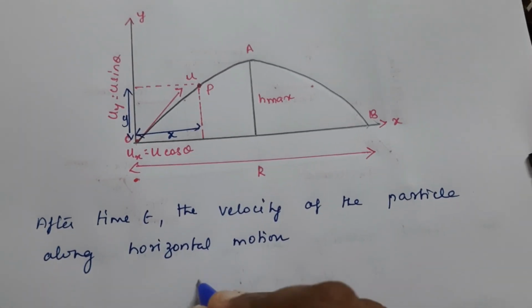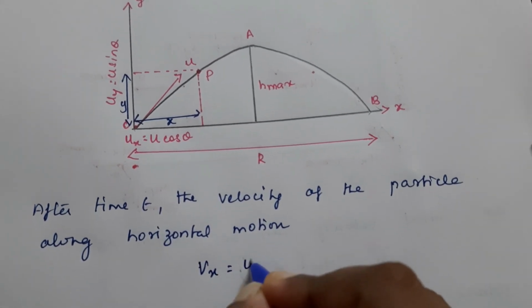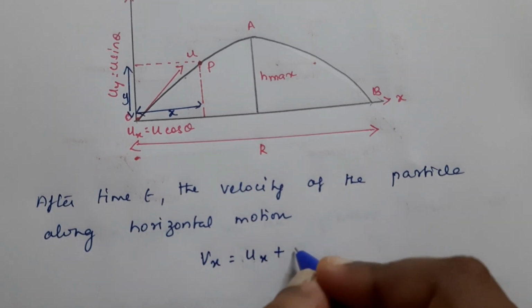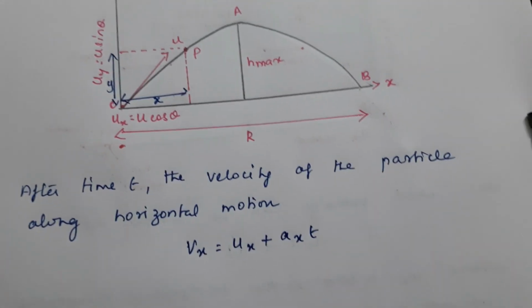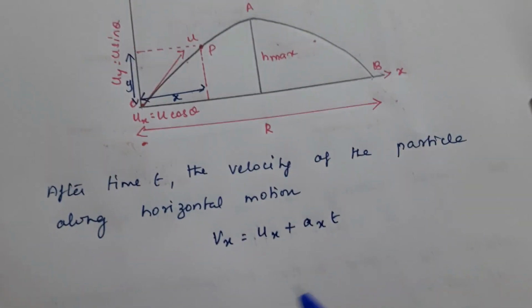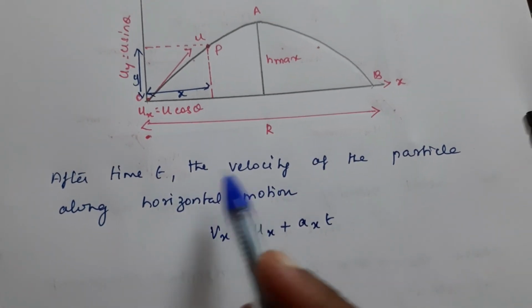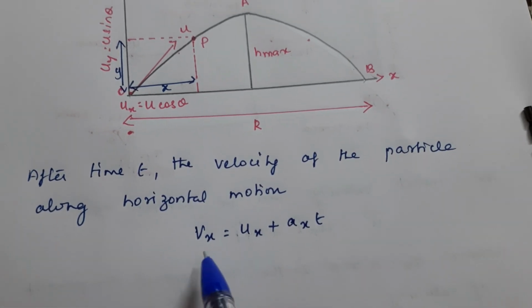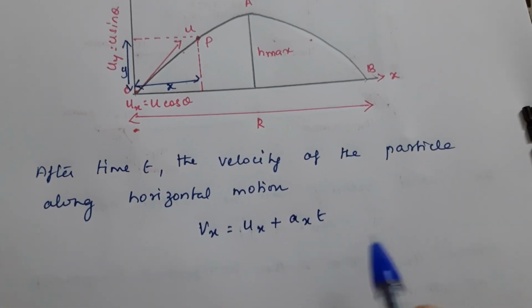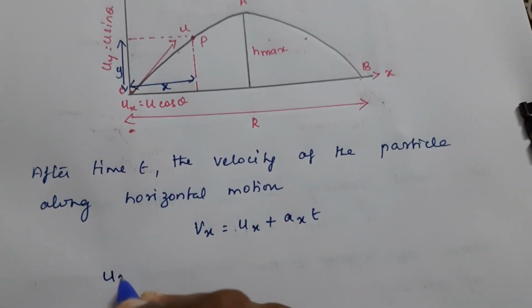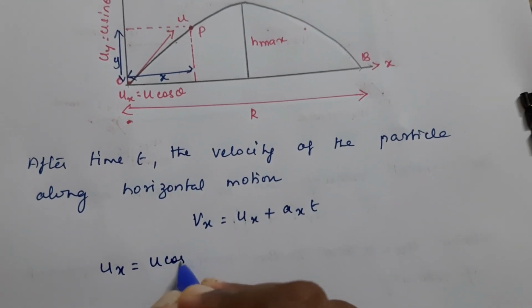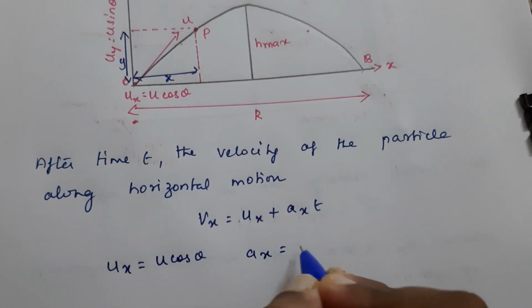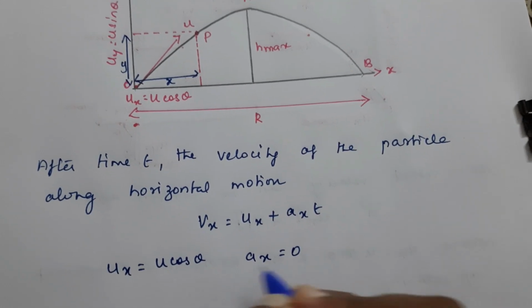Vx is equal to ux plus ax into t. Vx is the horizontal velocity at the point P. We know ux is equal to u cos theta, and ax is equal to 0, since acceleration is 0.